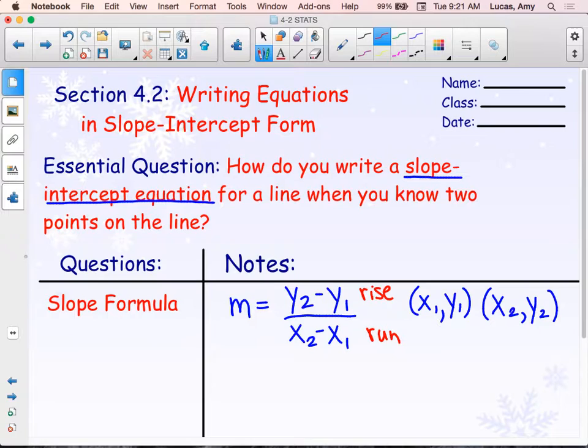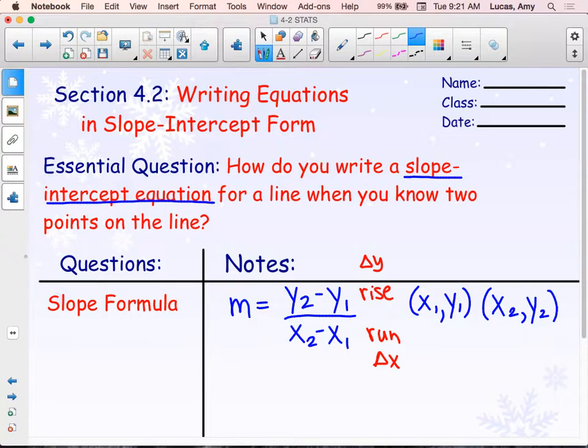Rise is the change in y, and run is the change in x. So change in x goes on the bottom of the fraction. So rise over run, change in y over change in x, or y2 minus y1 over x2 minus x1. So you plug in the coordinates from your ordered pairs and you simplify your slope.